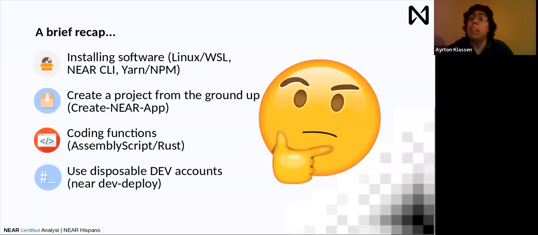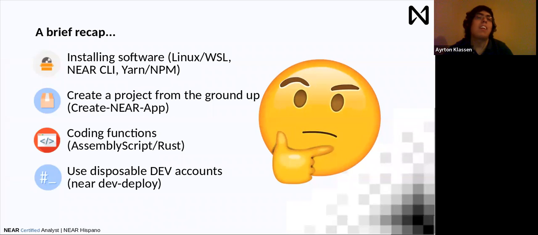And we also need a package manager, whether it's Yarn or npm, that's up to you guys. And all of this we need in order to get the NEAR CLI installed on our systems, and that's what's going to make us able to create smart contracts and to interact with the NEAR blockchain, right? So that's the first part.